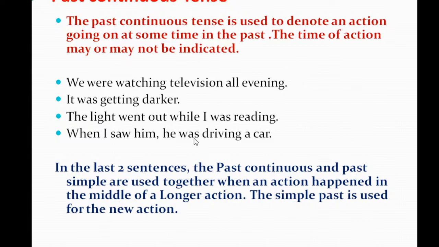Past continuous tense. The past continuous tense is used to denote an action going on at some time in the past. The time of action may or may not be indicated. So we are talking about a continuous. Continuous in English can also be referred to as progressive. So progressive or continuous, these are two terms where we try to explain by telling that something is still continuing, something that is still happening or was happening.